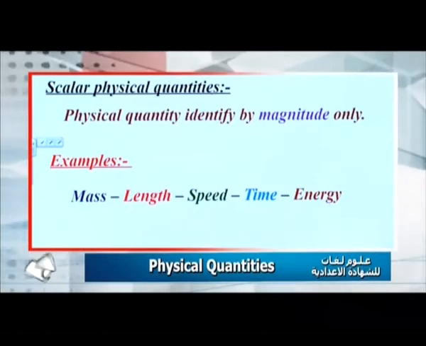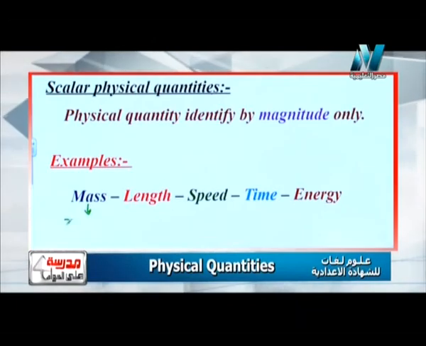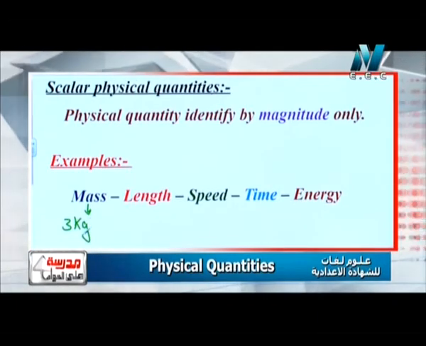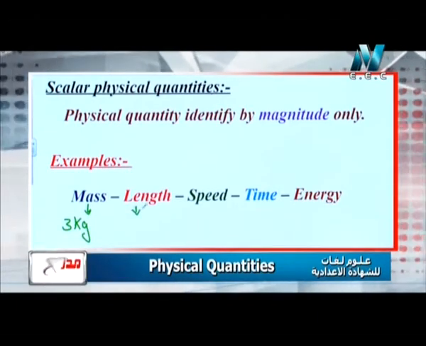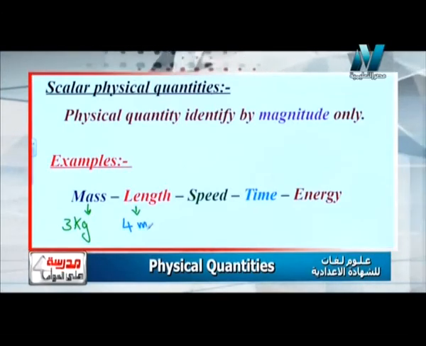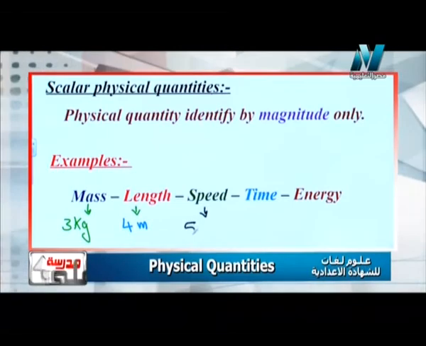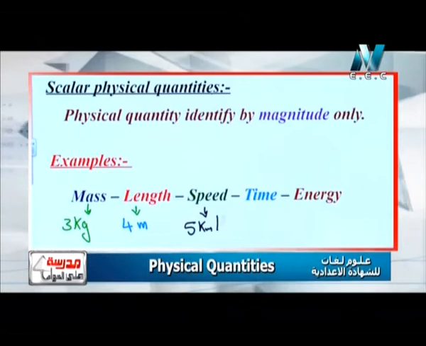We need just to say, for example, mass as 3 kilograms. Length, we can say only 4 meters. About speed, we can say 5 kilometers per hour.